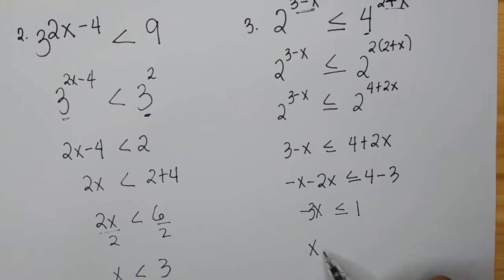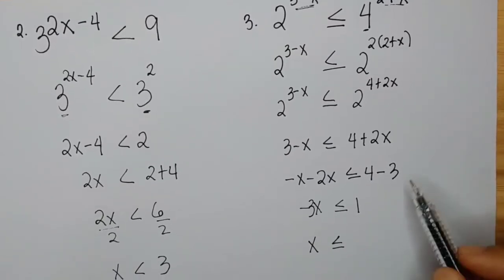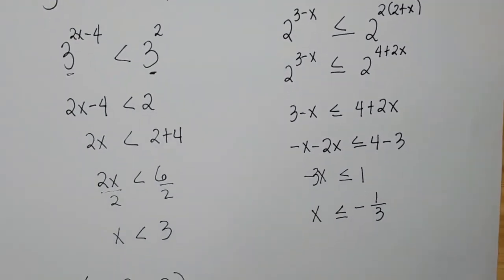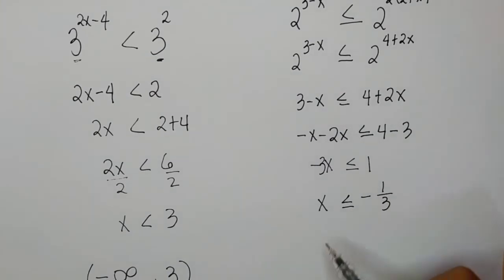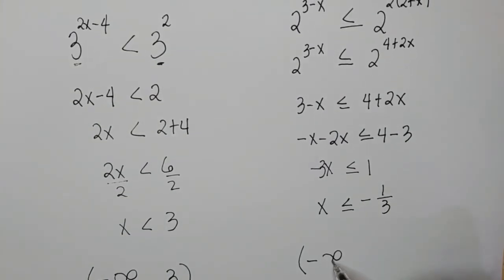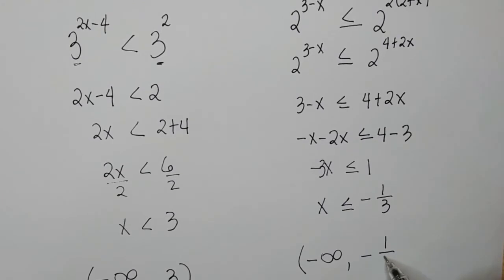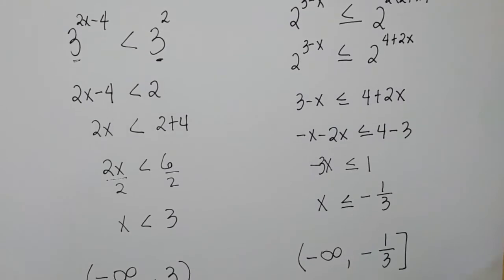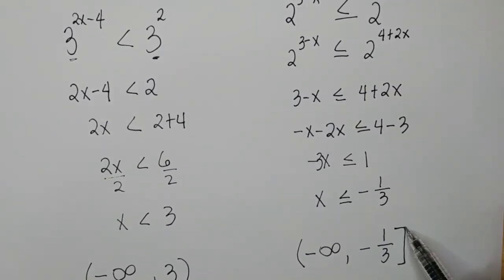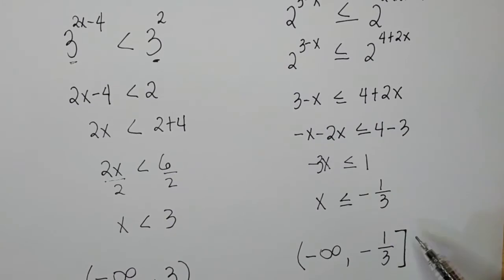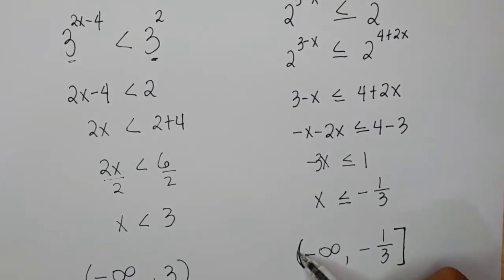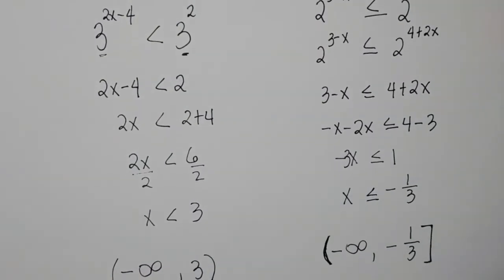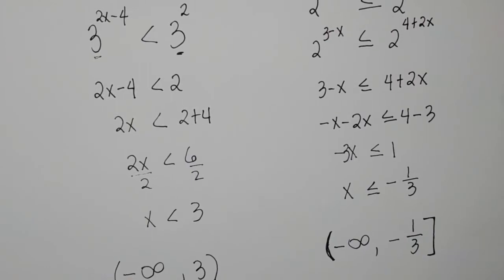That is, x is less than or equal to negative 1/3. So, ano yung magiging solution natin? Since less than or equal, it is from negative infinity going sa negative 1/3, there will be a closed interval since may equal tayo. Again ha, if may equal tayo, itong bracket ang yung gamitin natin. If wala, yung parenthesis yung gamitin natin. Okay? Okay, so, like, ma'am, saan na ba yung application nung ito?